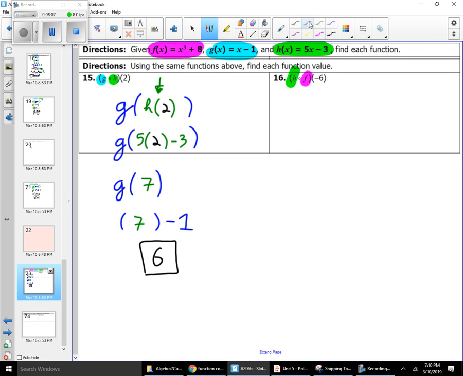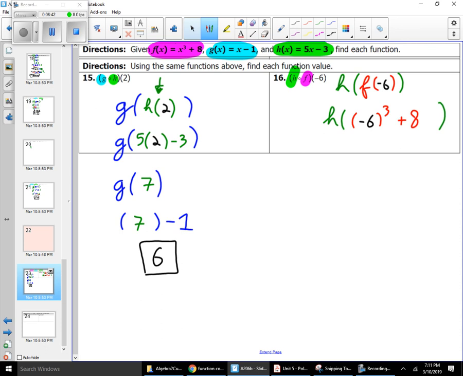So note what this is telling us to do is take our function h, and we are going to substitute f into it, but instead of x, we are substituting in the value -6. So f of -6 means we are going to take that f function, which is x cubed plus 8, and we are substituting -6 into that function.